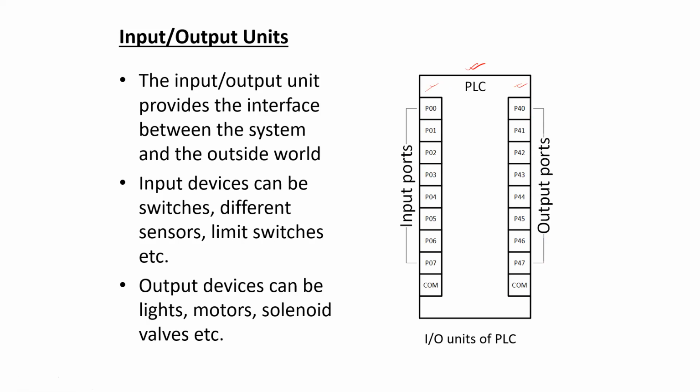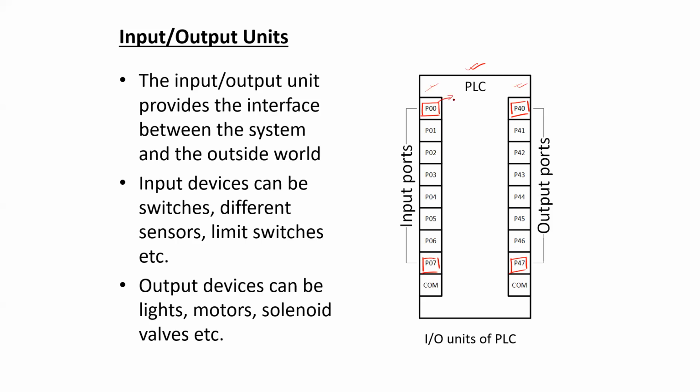Along with the input ports and the output ports, each port has its own designated memory address. For example, here, this particular port, its corresponding address is P00. Then similarly, from P00 to P07, 8 input ports are designated in this diagram. And for the output ports, from P40 to P47, 8 output ports are designated in this diagram.